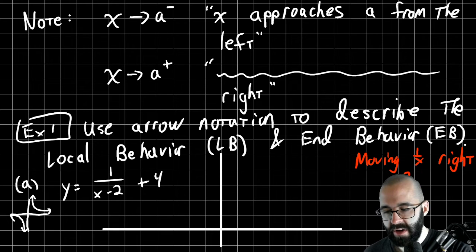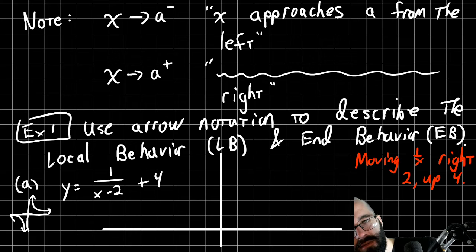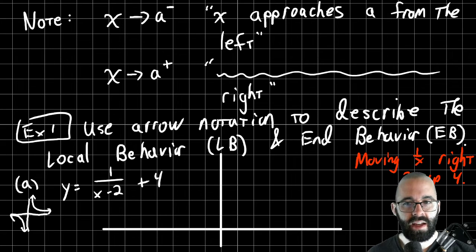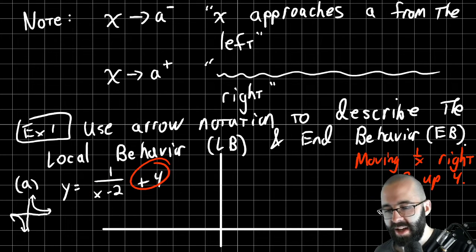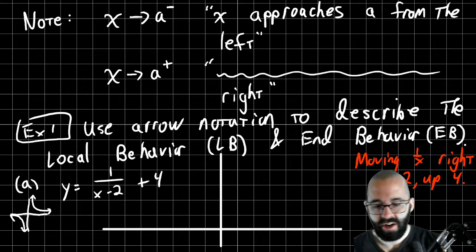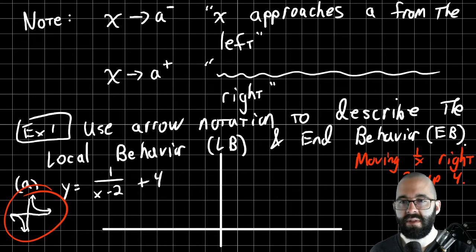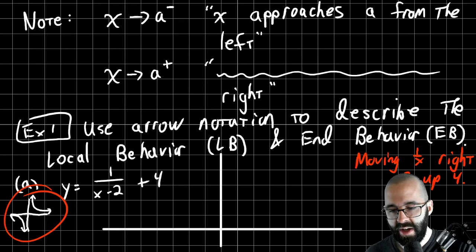Remember your function transformations. Subtracting a 2 on the inside of the function moves it to the right. Adding 4 on the outside of the function moves it up. So this is just our regular reciprocal function moved right 2 and up 4.